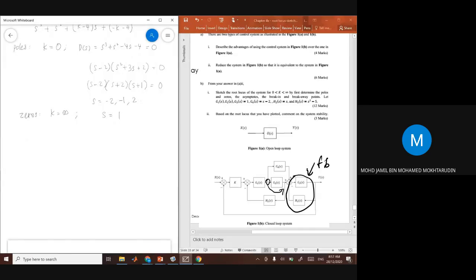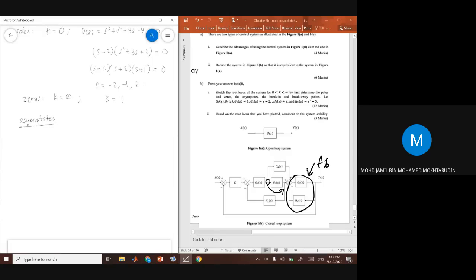And then determine the asymptote. So the real axis intersection, you use the formula sum of poles minus sum of zero divided by number of poles minus number of zero.